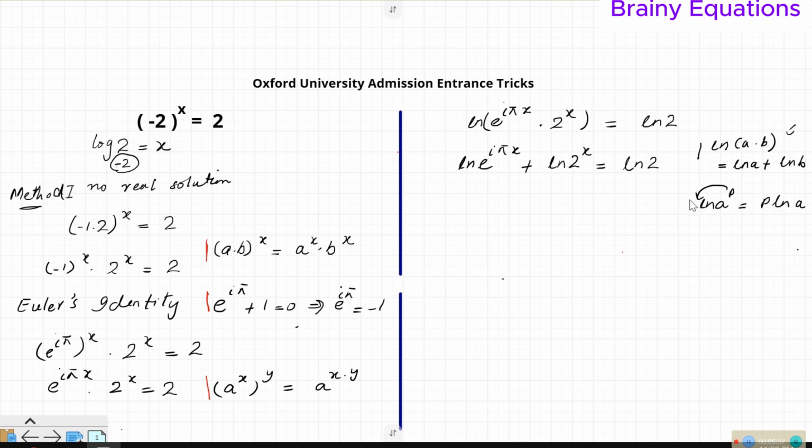This p will come here. So in this expression, this will shift here and this will shift here. Our next step will become i pi x ln of e plus x ln of 2 is equal to ln of 2.